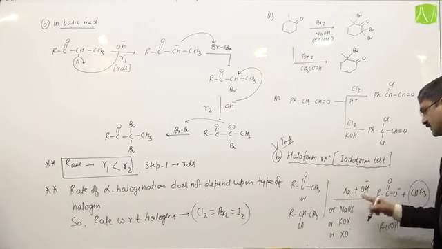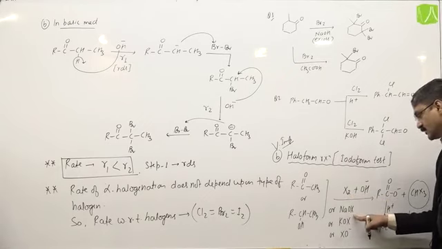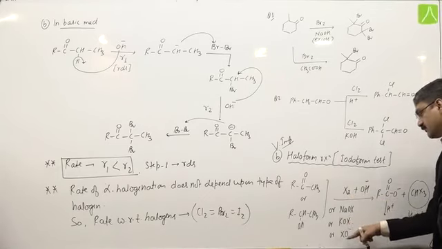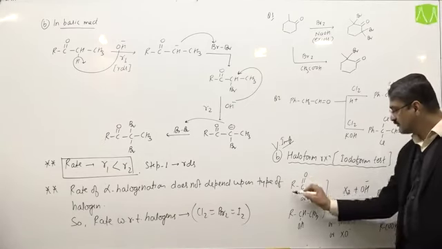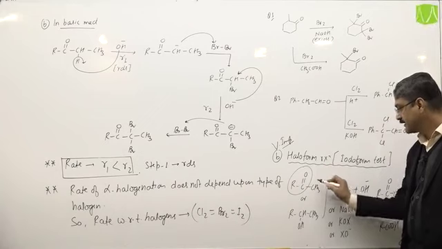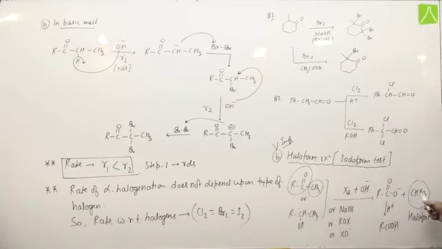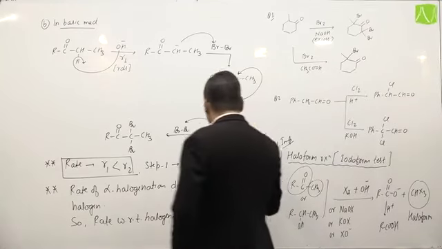So halogen in basic medium, or you can write sodium hypohalite, potassium hypohalite or hypohalite ion. Then the CO part is converted into acid and the CH3 is converted into haloform. So this is the reaction. Now come to the mechanism.